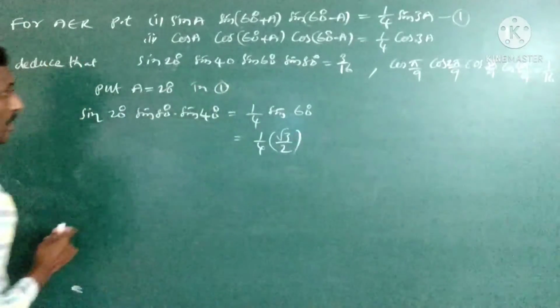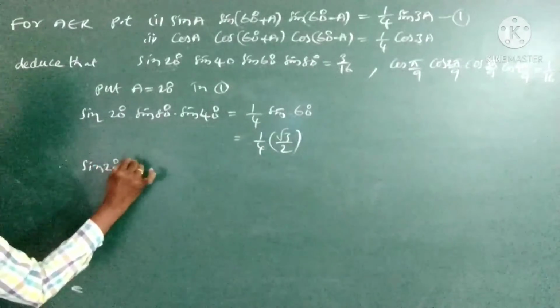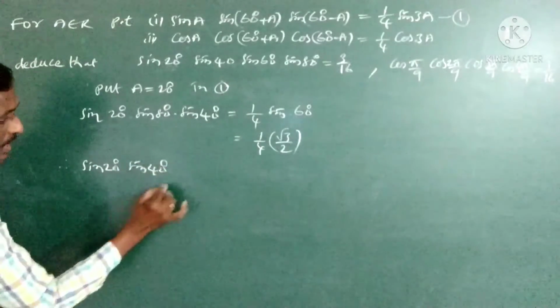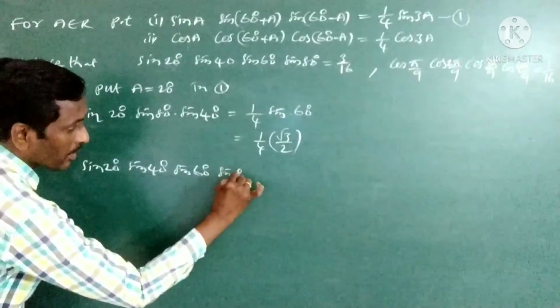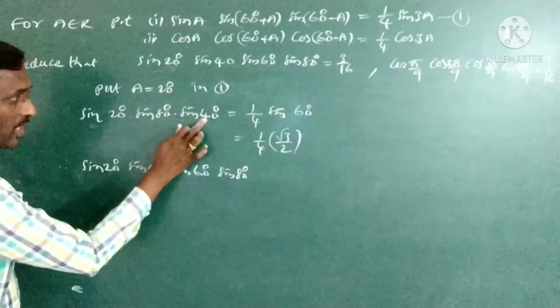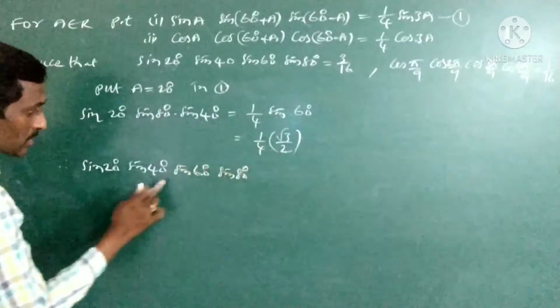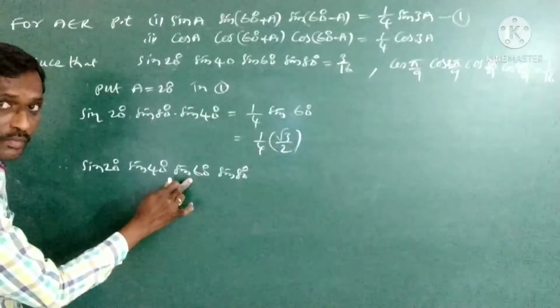So let us now take the value of this. Therefore sine 20, sine 40, sine 60, sine 80, this value we are finding. So 20, 80, 40 equals this much. So here more we have 60 degrees. What is the sine 60? Root 3 by 2.